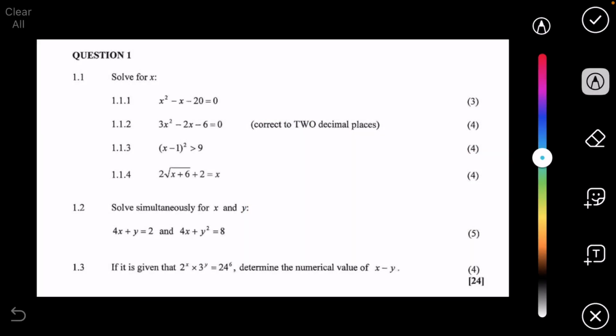Okay, so guys, now let's move to the other question, which is 1.3. Ladies and gentlemen, very, very much important to write that 1.3.